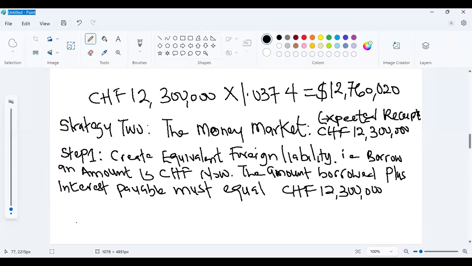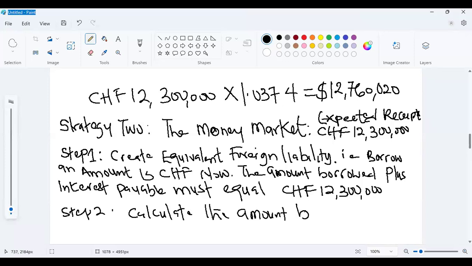That will be your step one. You now go to step two. Calculate the amount borrowed, or to be borrowed now. We now go to the question.